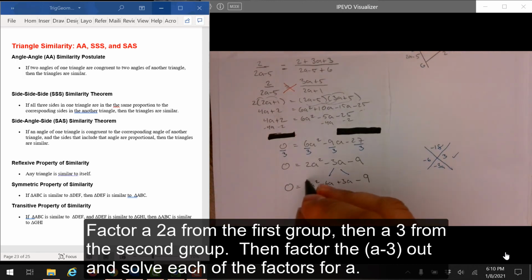Factor a 2a from the first group, then a 3 from the second group, then factor the a minus 3 out and solve each of the factors for a.